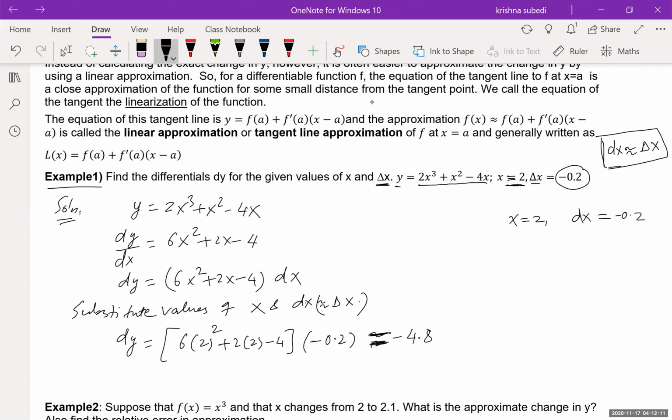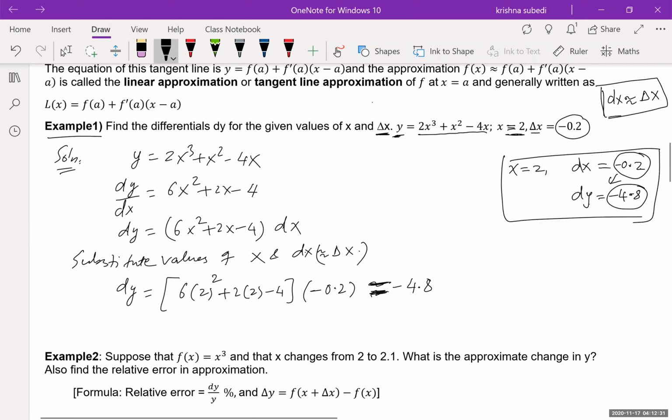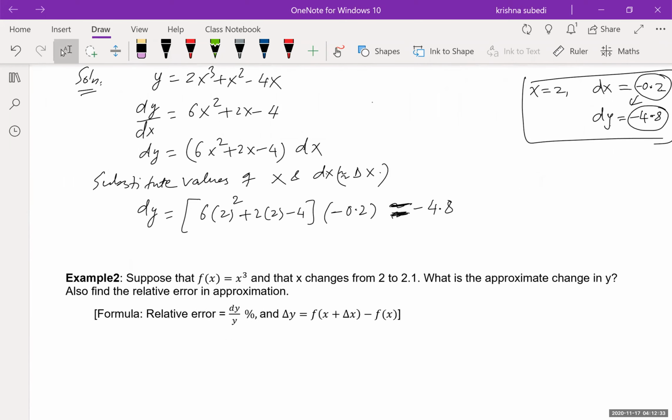Then what will be the change in y because of that? The change in y will be negative 4.8. If there is a change in x by negative 0.2, then the corresponding change in y will be negative 4.8. That's what it means, okay. All right. Now let's try a few more questions.